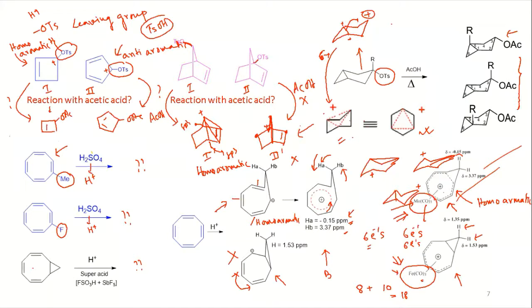In the next class, we'll look at other examples based on anti-homoaromatic, and we'll move to the new topic of carbocation discussion. Maybe it will be difficult to understand this one. Try to follow what I told, listen to the video later on, and communicate with me.